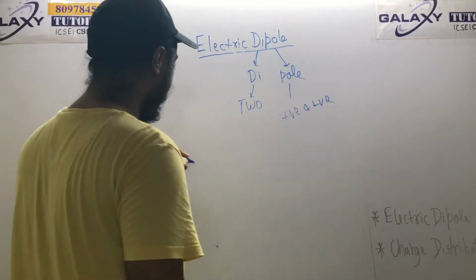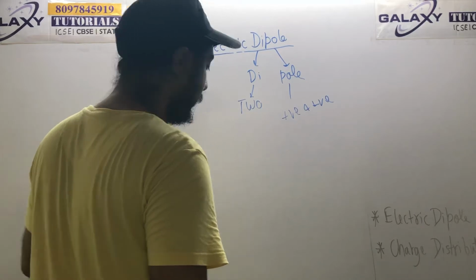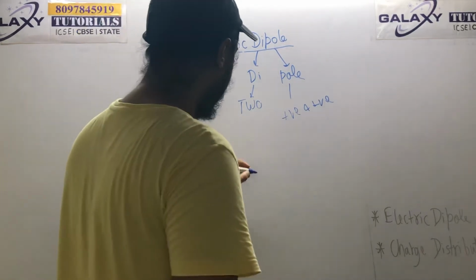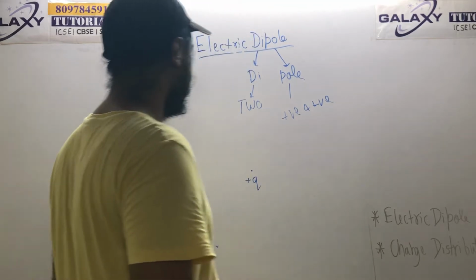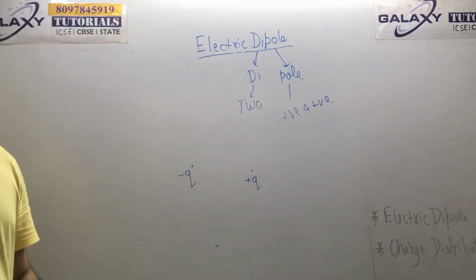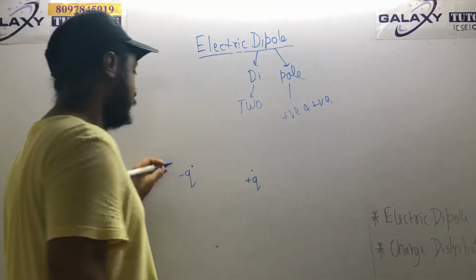So what does the dipole consist of? It basically consists of a negative charge and a positive charge, minus q and plus q, and they are separated by a very small distance.